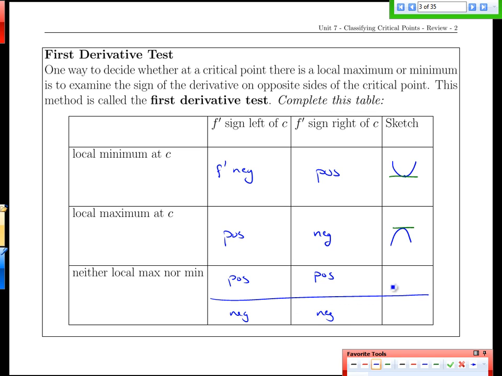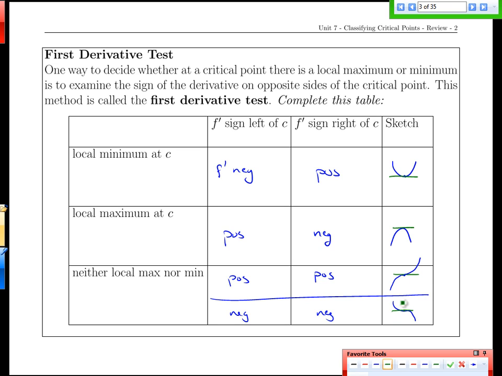We can split those up. This would be a function where the function's increasing, briefly has slope of 0, and then continues on, or the opposite scenario where the function's always decreasing, briefly has a slope of 0, and then continues on decreasing.